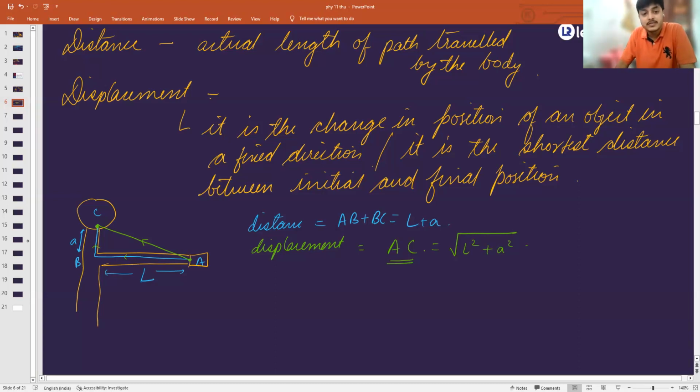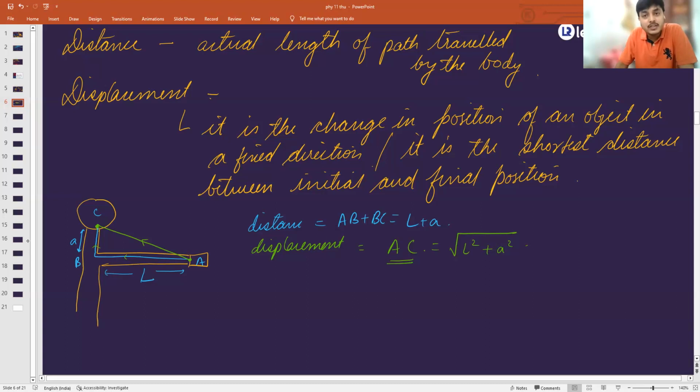Do you agree with this? Put your thumbs up if you agree with this. Right. So this is the difference between distance and displacement.